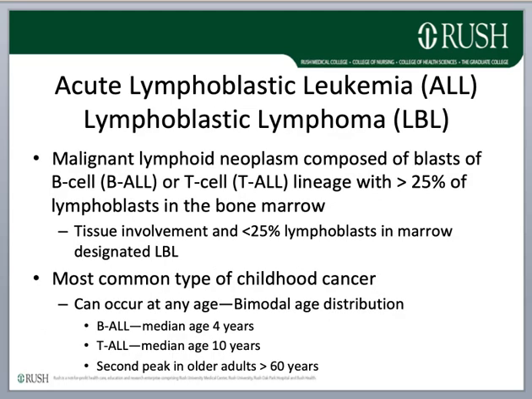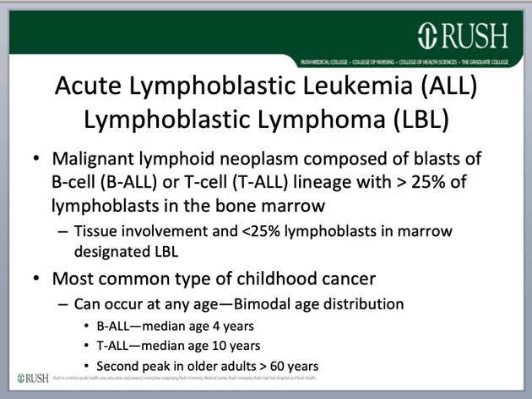All right, to round out this talk on acute leukemias, we'll turn to acute lymphoblastic leukemia / lymphoblastic lymphoma. Now, why does this have two names? That's because ALL and LBL constitute a biologic spectrum of neoplastic lymphoid disorders characterized by the proliferation of immature blast cells of B cell or T cell lineage.